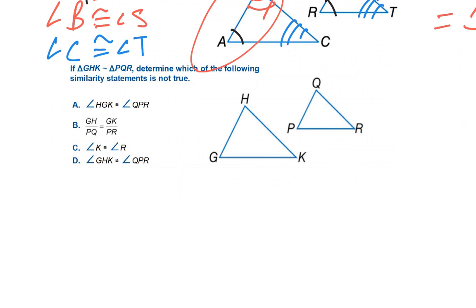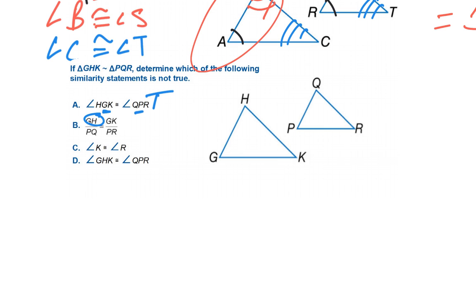All right, which of these statements is true? So on this one, remember the middle one is telling you what angles, so G and P. Do G and P match up in the similarity statement? So that one's true. What about GH and PQ? See they're in the same spots? Go through and erase this.